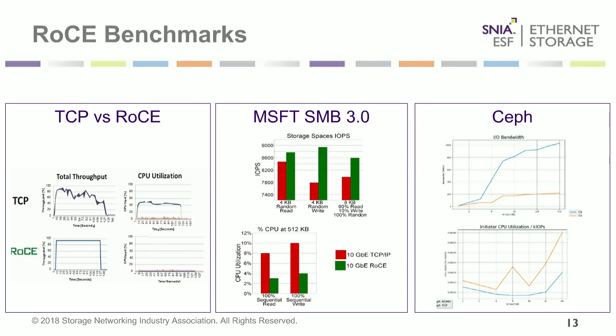And the next one over, we see Microsoft SMB 3.0, and this is the Server Message Block. It runs over TCP IP, or in this instance, we used ROCE, which was based on SMB Direct. Both were used on 10 gigabit Ethernet NICs, and you can see that the IOPS performance in TCP IP versus ROCE, there's a much bigger difference in the read and write process.